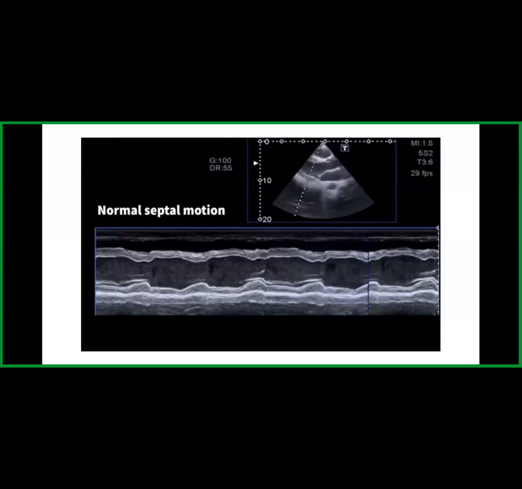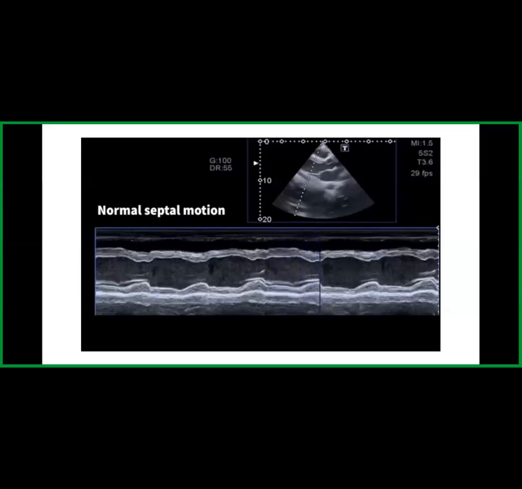You can see it thickening in our top image in contraction, as well as slimming up in our relaxation phase, and we see it relaxing later on.